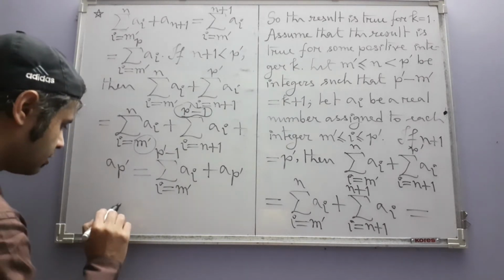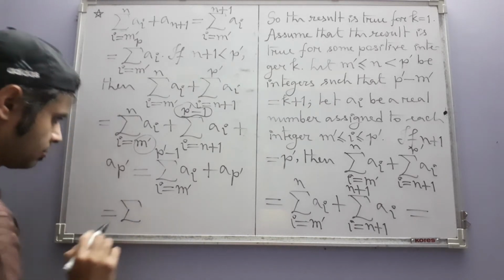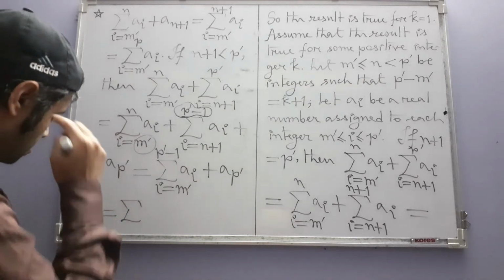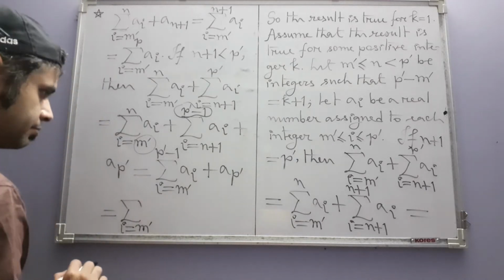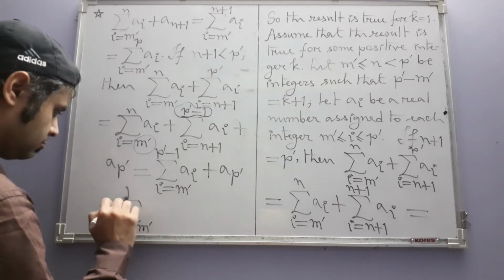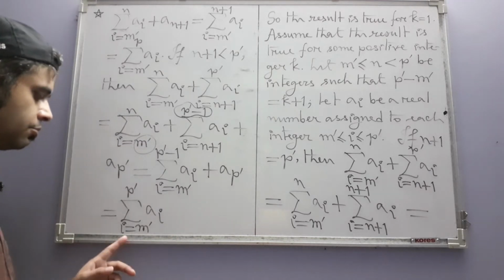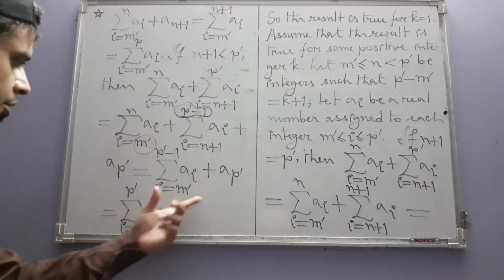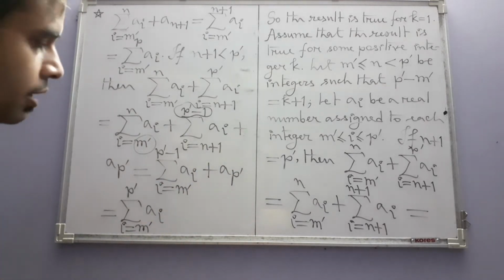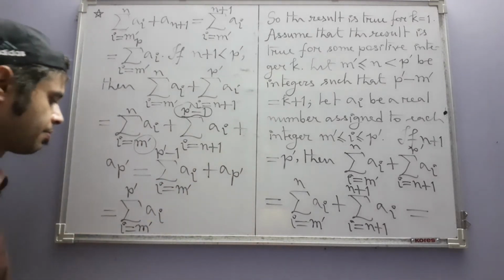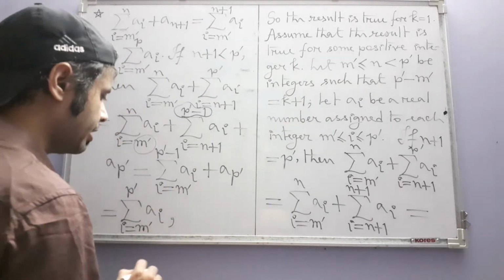Now this is equal to, of course, our a_i. Why? Because here again we are using the recursive definition part of our original definition. But again, can we do that?